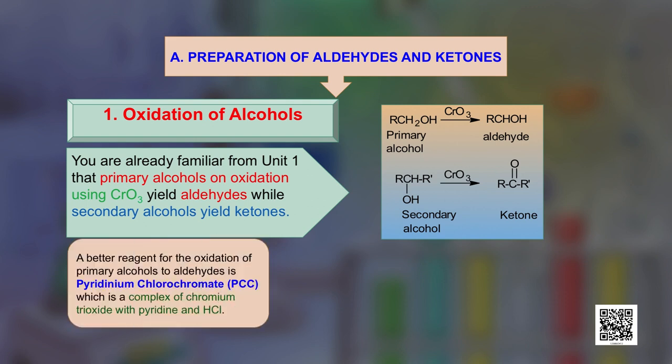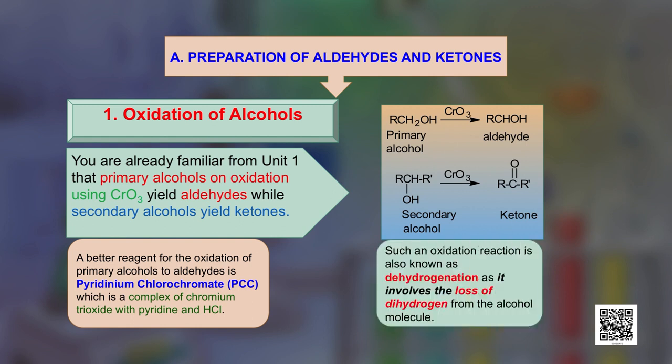A better reagent for this oxidation of primary alcohols to aldehydes is pyridinium chlorochromate, which is also in short form known as PCC and is a complex of chromium trioxide with pyridine and HCl. Such an oxidation reaction is also known as dehydrogenation.